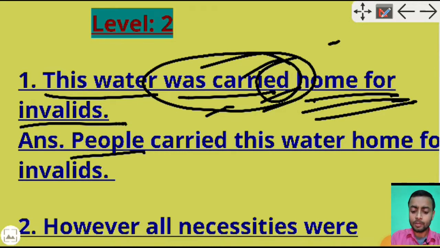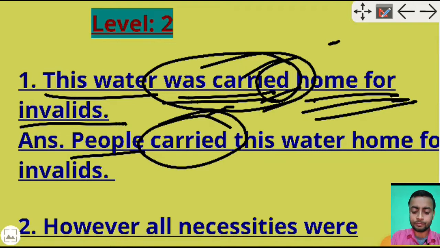People carried this water home for invalids. As it was carried in the passive voice, we have to use the verb in the simple past tense. So people carried, what carried? This water home for invalids.